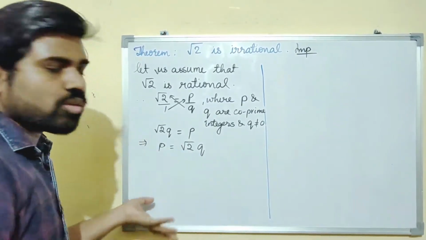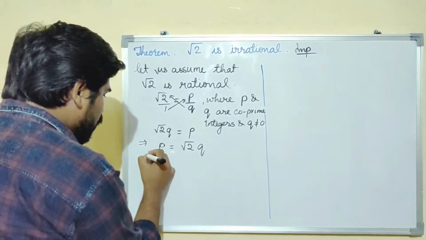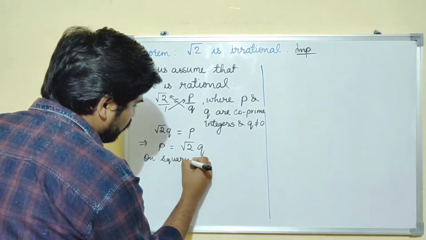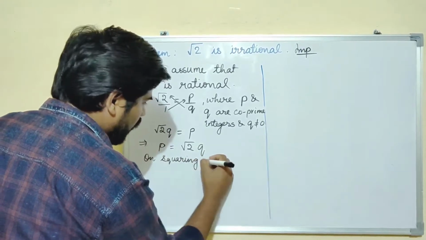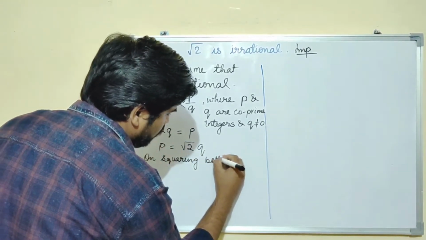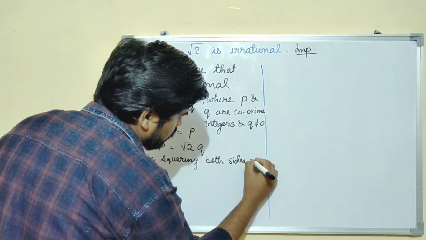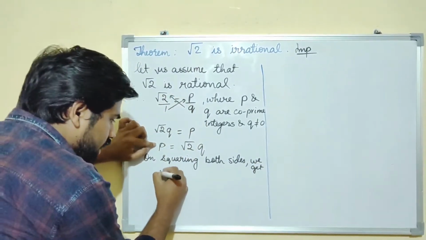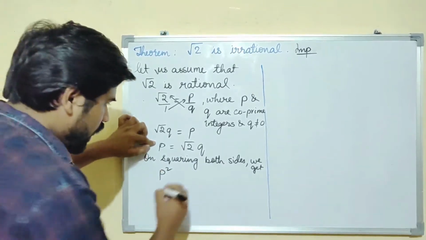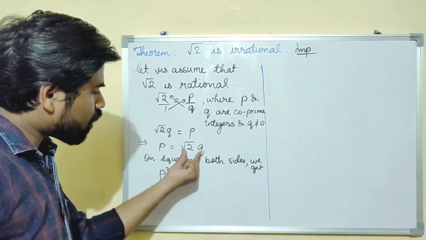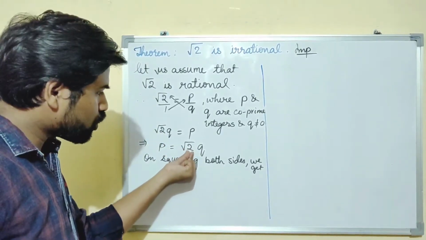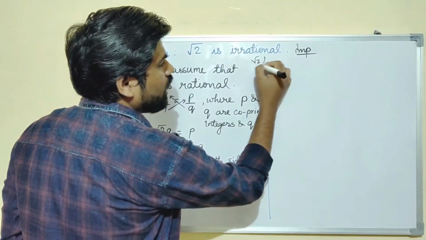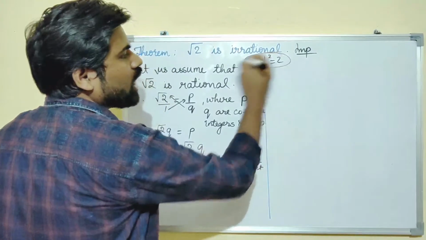Okay, now square both sides. On squaring both sides, what do we get? We get P squared equals, when we square the right hand side, root 2 squared will be 2, the square of root 2 will be 2 only, you know that, right?